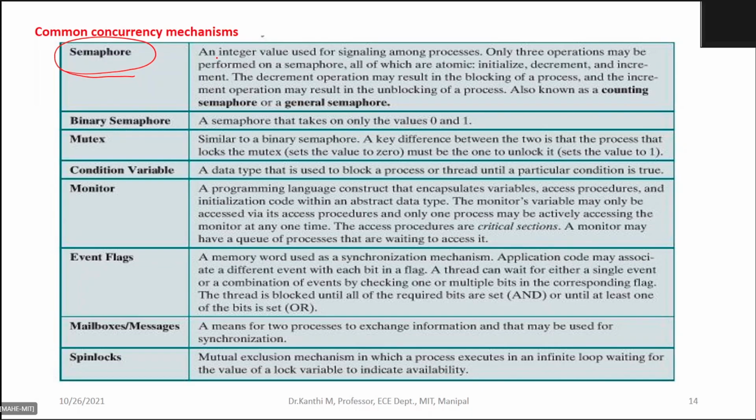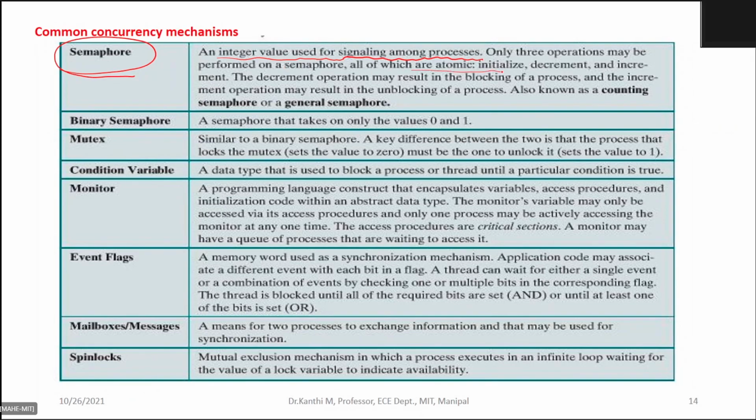It is an integer value used for signaling among processes. You use some integer value for giving a signal whenever you share the resources. Only 3 operations may be performed on a semaphore.